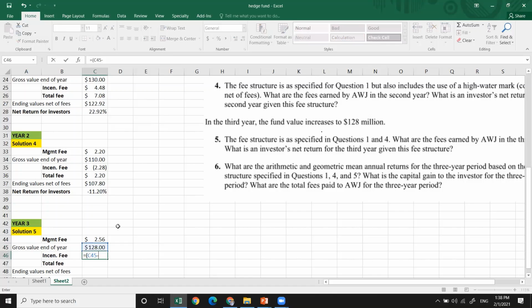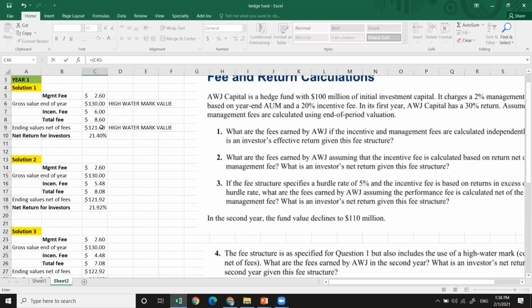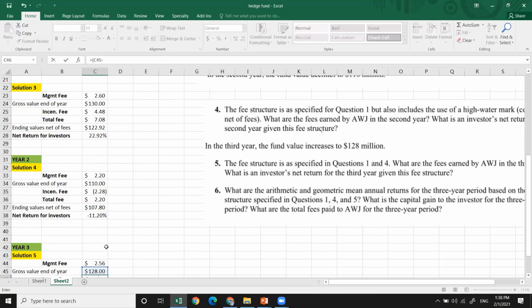One more time, minus which amount? 107 or this amount? High watermark value, guys. High watermark value.